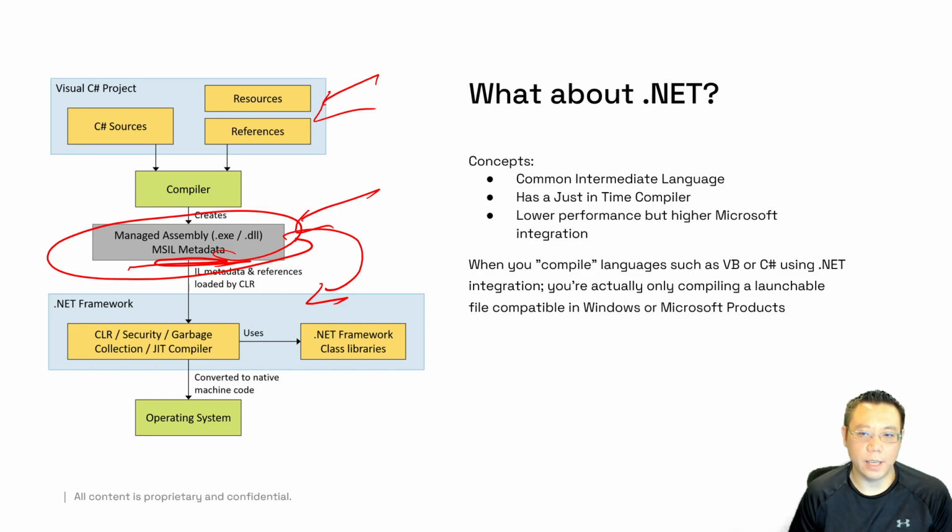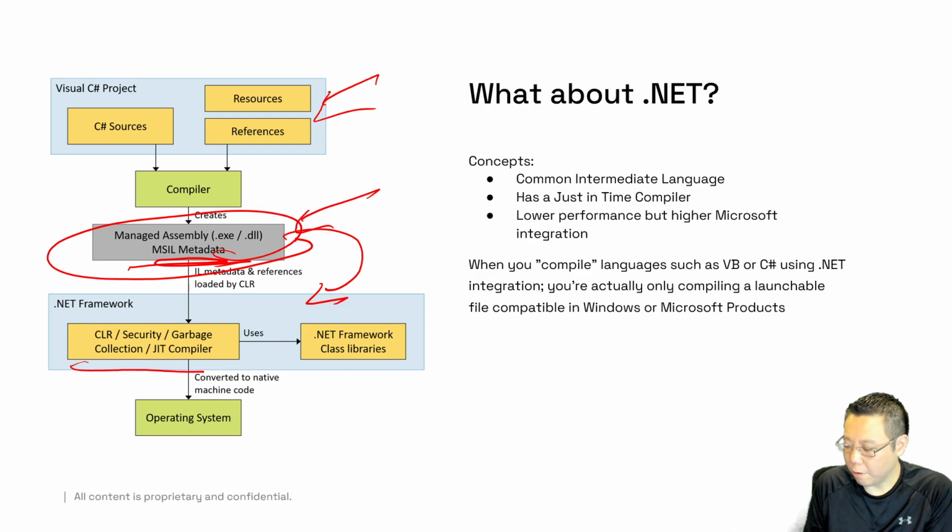Ultimately, .NET is an intermediary language, so IL. It uses a just-in-time compiler right here at the .NET level, and it's lower performance than a truly compiled C# application by itself without using the .NET framework.